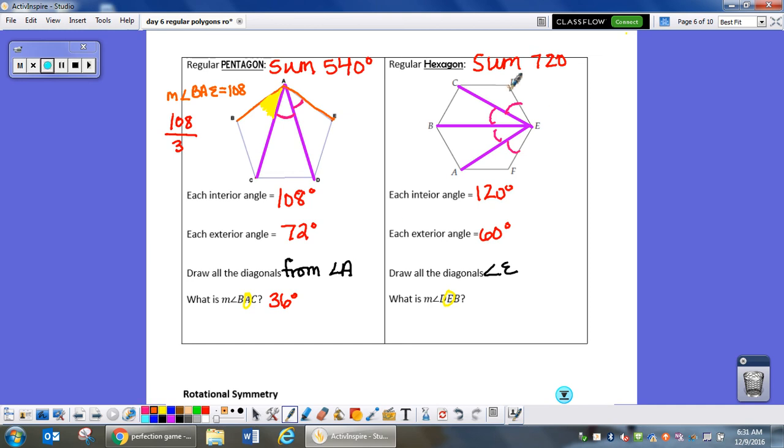And you should also know that there is one angle of a hexagon. So the measure of angle DEF is just one angle of your hexagon, which is 120 degrees. But they want us to find the measure of DEB.